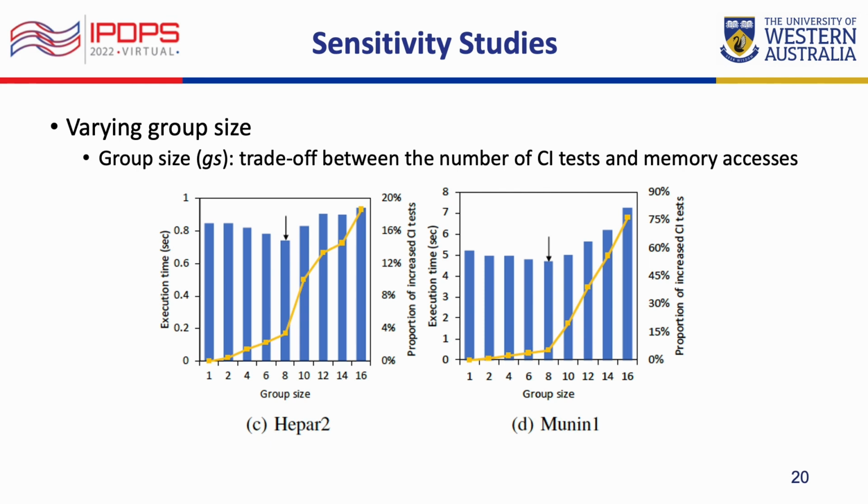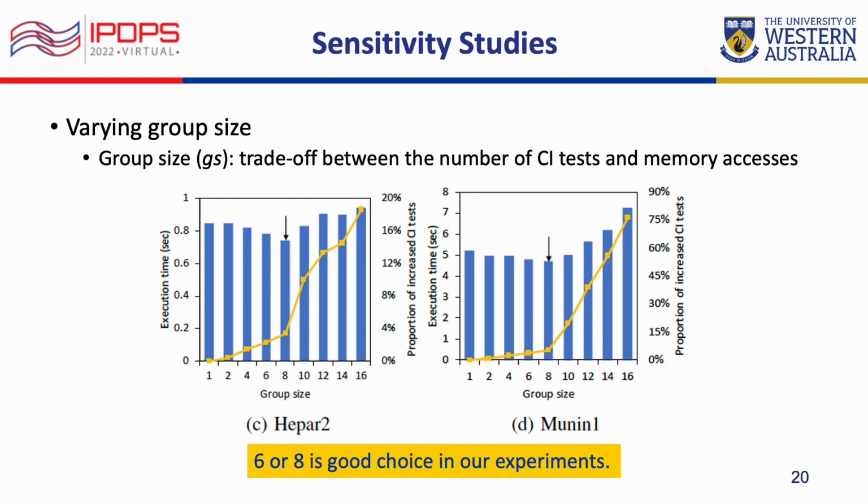We carefully examined the effect of GS. The bars are the execution time and the lines are the proportion of the CI test increase compared to the case of GS equals 1. We observed that the CI test increase is not too high for some small group sizes, so 6 or 8 may be a good choice of group size in practice.